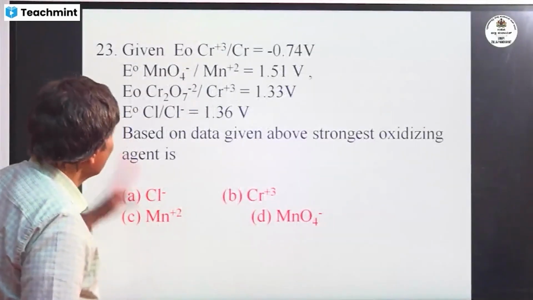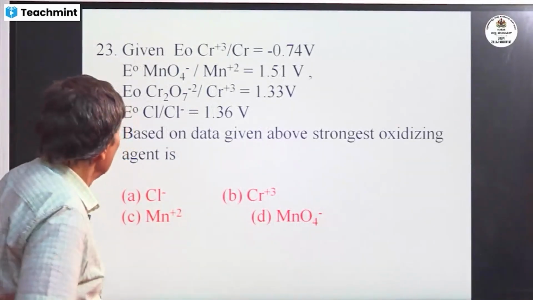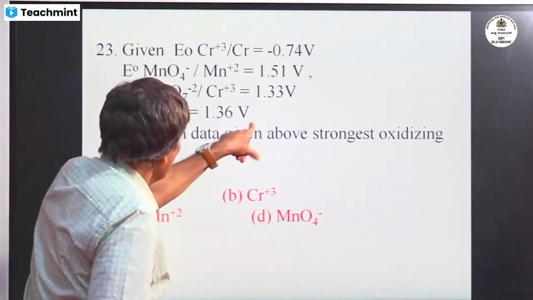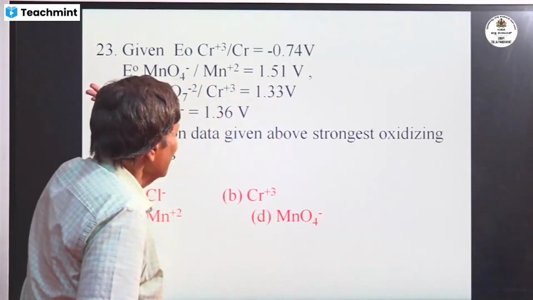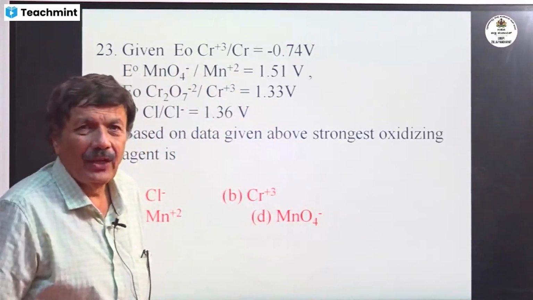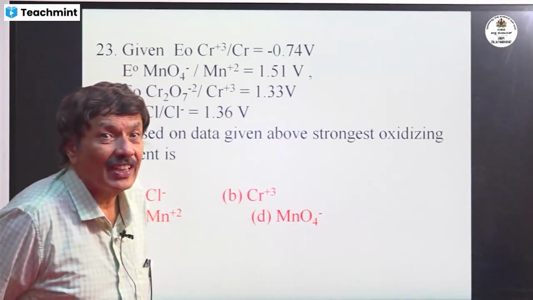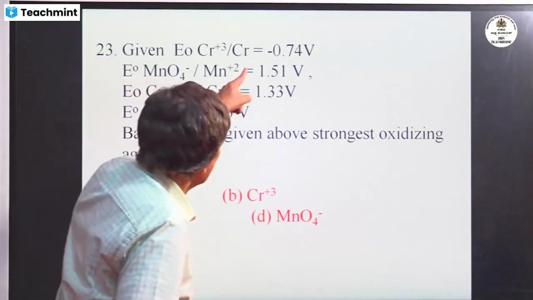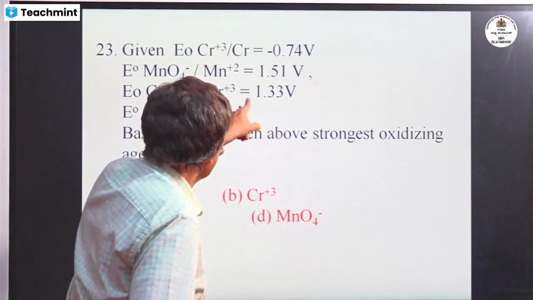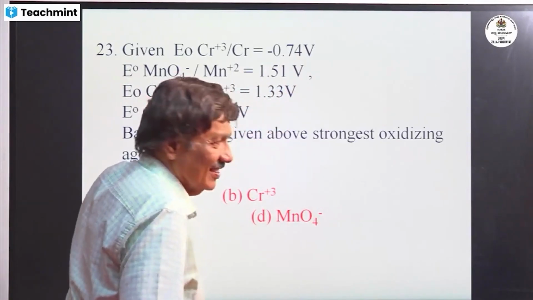Yes, it's an easy question. Many times appeared, easy question. They have given the electrode potentials of different species, and they're asking the strongest oxidizing agent. See here, which has got the lowest value of electrode potential. See the value, minus 0.76, 1.51, 1.36, 1.33, 1.36.